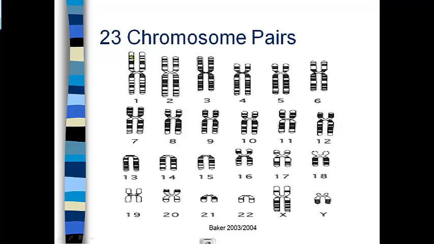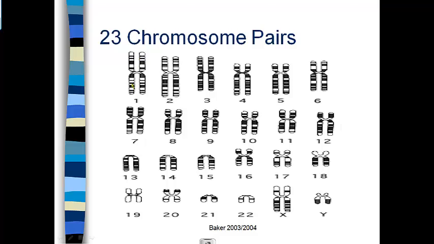From your mother, you might get a brown-haired allele. So she would be passing you a brown-haired gene. From your father, you might be getting a blonde-haired allele. So he might be passing you a blonde-haired gene. The two of these are going to work together to determine what your hair color would be. And we'll talk in the next video about how they work together.